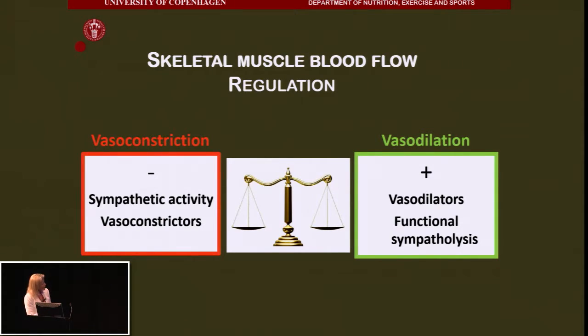The vasodilation comes about by locally formed vasodilators that act directly on the smooth muscle or via the endothelium, and then compounds that induce functional sympatholysis. And functional sympatholysis is a modulation of the effect of the sympathetic activity. So it lowers the constrictive effect of the sympathetic activity.